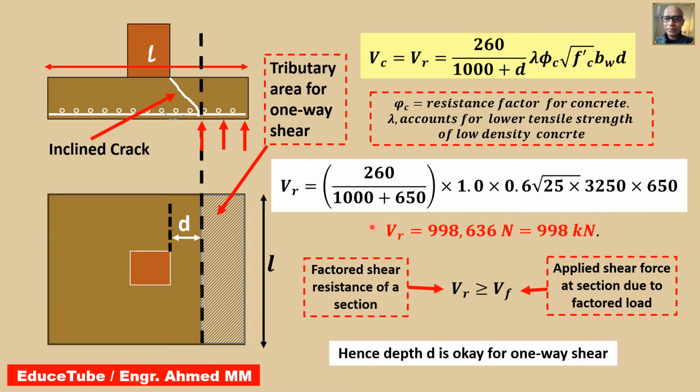so we put in all the values. So what will we get? By calculator, we get VR equal to 998,636 Newton. It means 998 kilonewton, because it was in Newton and we divided by 1000. So what can you say?